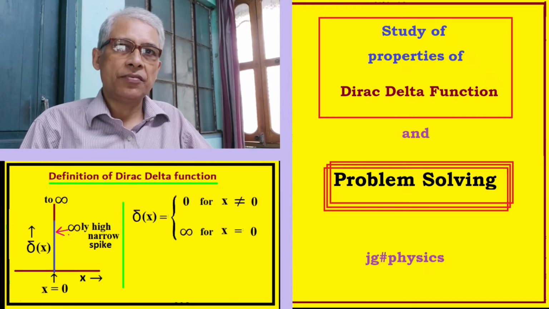In the language of physics, we represent the situation by drawing an infinite spike at x equal to 0, and we have described the function delta of x by writing it down explicitly in mathematical terms, clearly mentioning that at x not equal to 0 it is 0, no presence of it whatsoever, but at x equal to 0 it has infinite dominance, that is, it shows an overwhelming presence.